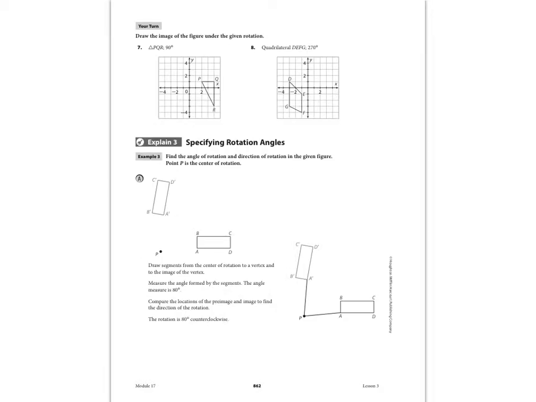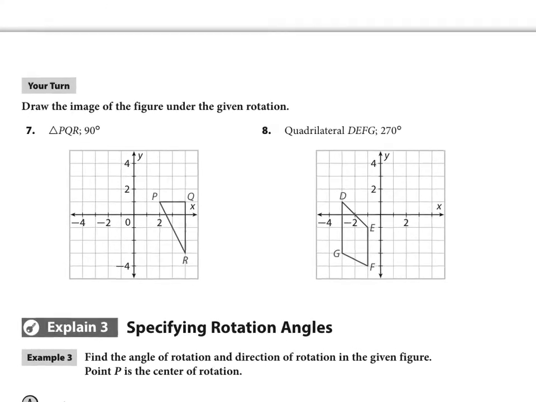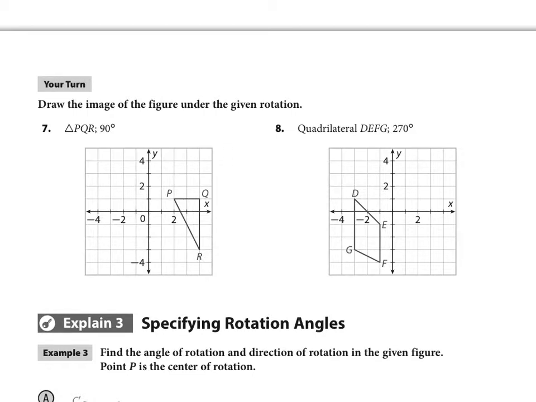At the top of page 862 are a couple your turns practicing these 90, 180, and 270 degrees. I'll show you a couple ways. In class, I do use the transparency to help you visualize it a little bit better. I'm going to actually rotate this page, the whole page, and try to explain it to you that way.